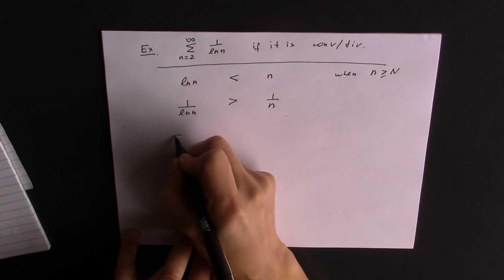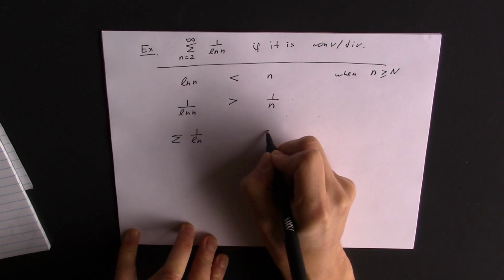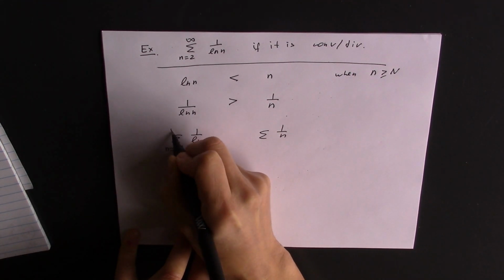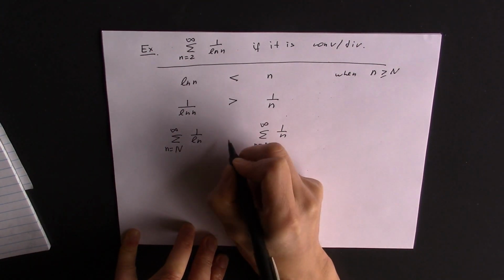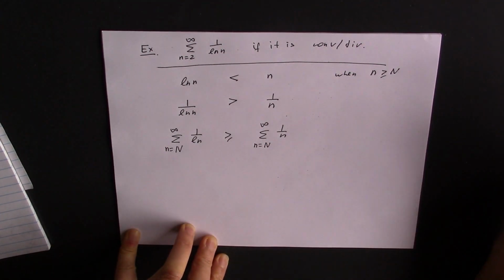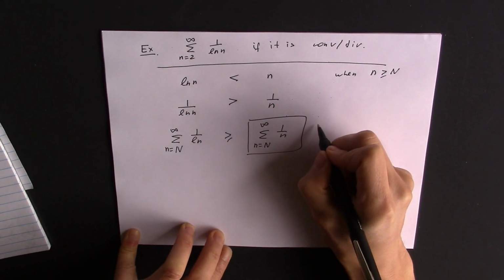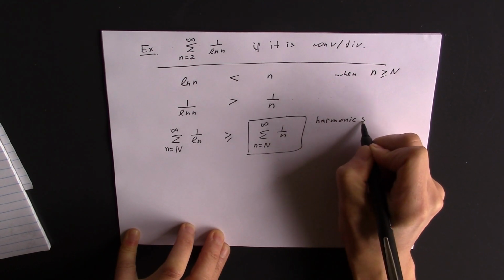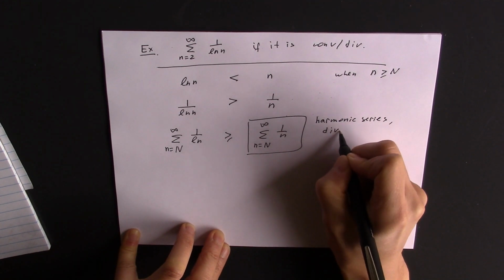So we're going to get the summation from capital N to infinity, and we keep the same sign. We recognize the series on the right, that is the harmonic series. The harmonic series is divergent.